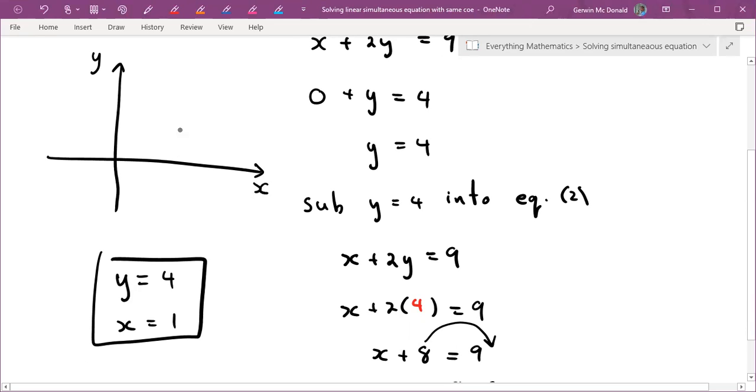If we go to draw these two equations, so we draw one like this and we draw one like this, that simply tells us that at this point here, y will be equal to 4, and on the x-axis will be equal to 1. I should have drawn this closer to here because 1 will definitely be somewhere here.